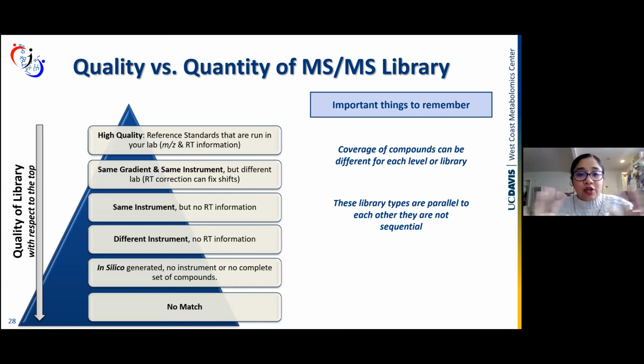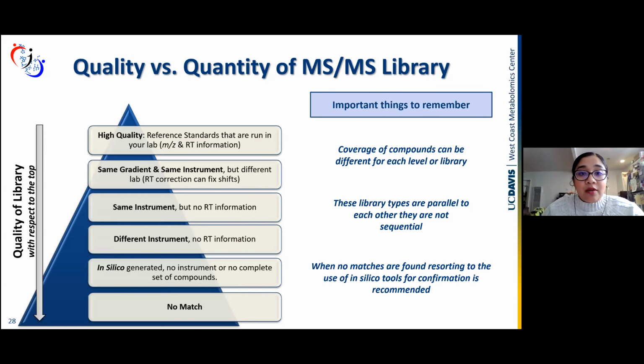They're just the types of libraries that might be present or that you might use. And at the bottom of the tier, with no match, you could use in silico tools for confirmation, which is highly recommended. A lot of these in silico tools that I briefly mentioned are freely available, and they have tutorials on their websites, very easy to use as well.